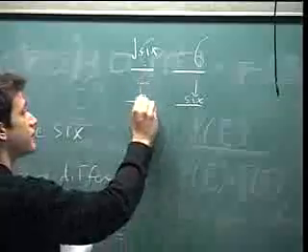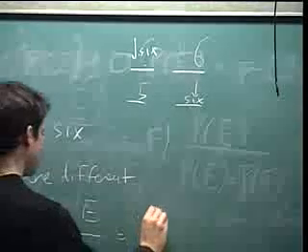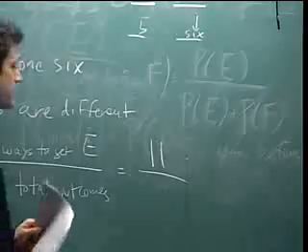So we have 5. So in total we have 11. So this would be 11, and the total number of outcomes is, of course, 36. It's just 6 times 6.